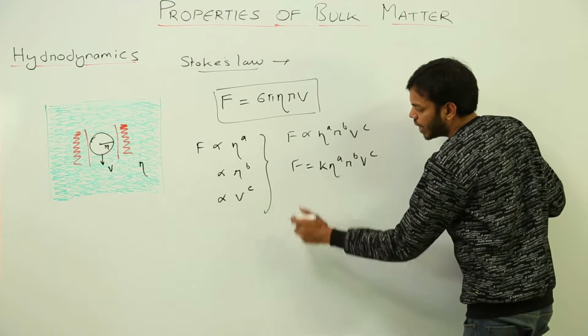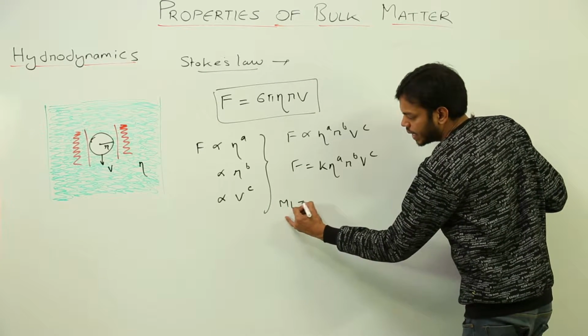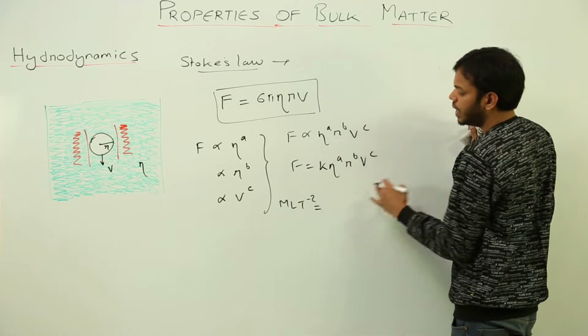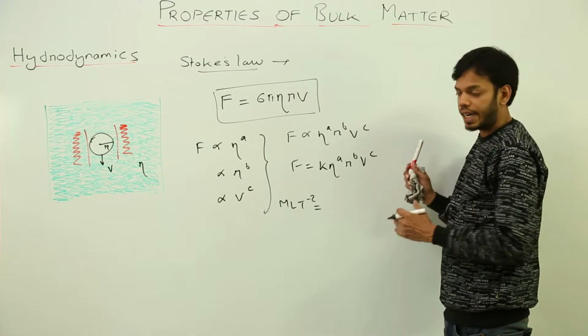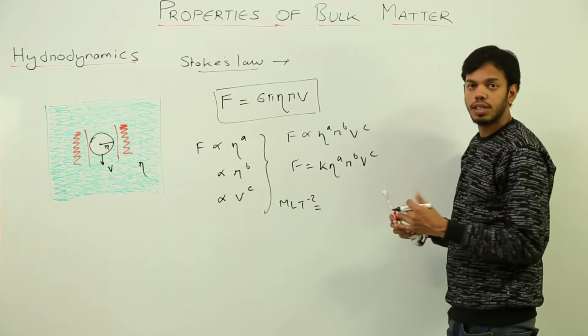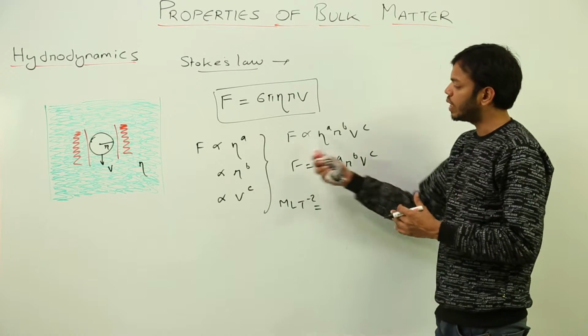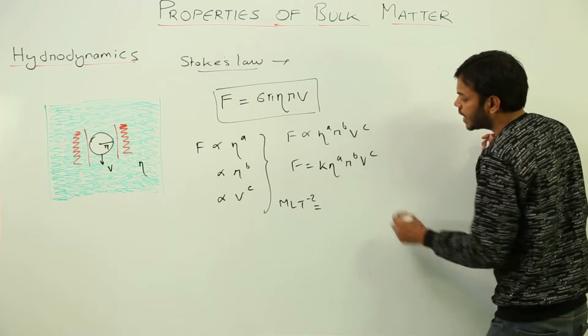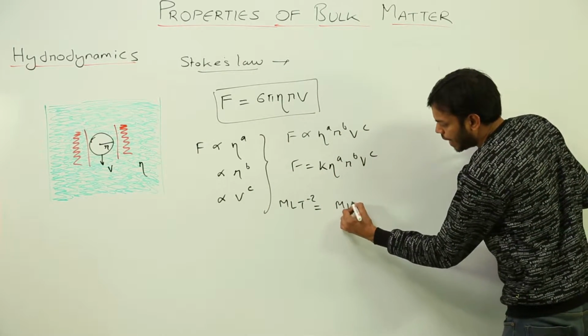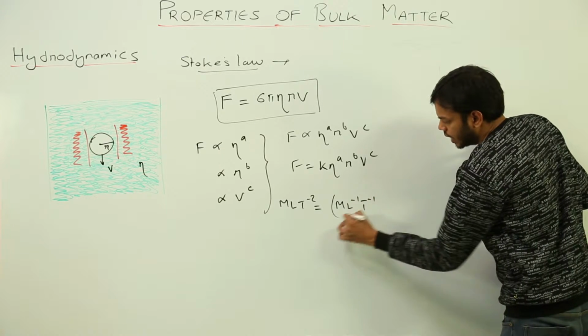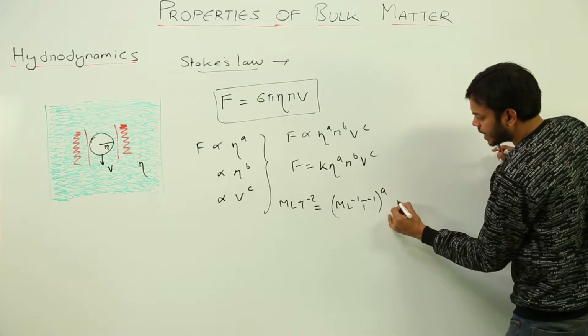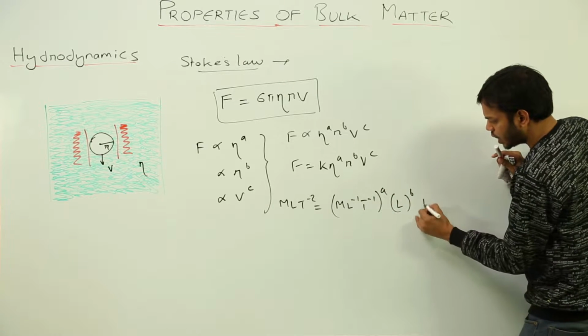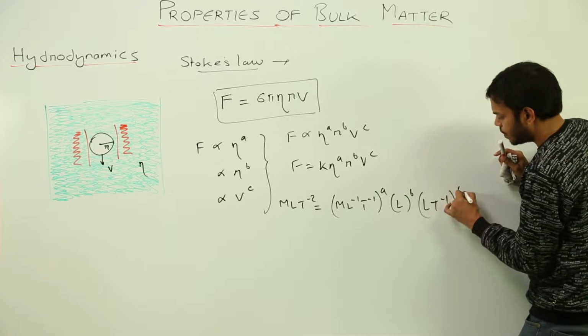What was the dimensional formula here? F is M L T^-2. This will be equal to the dimensional formula of the right hand side. K is dimensionless because it is a constant used to equalize the left hand side and right hand side. Here I have M L^-1 T^-1 raised to power a, radius is length, and velocity is L T^-1 raised to power c.